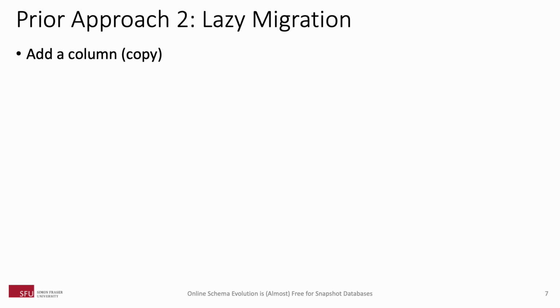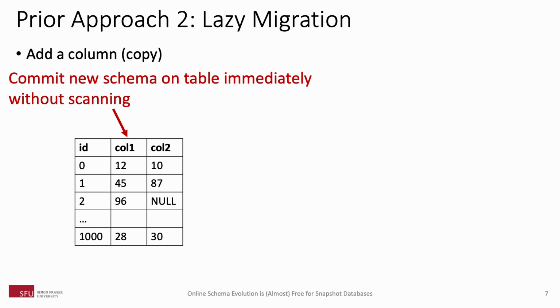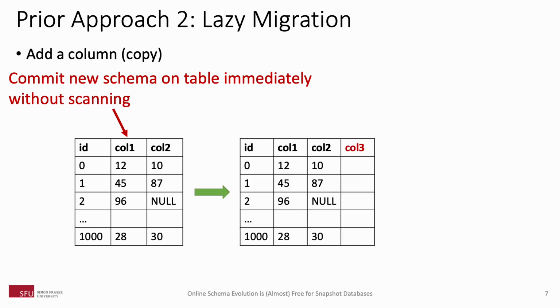The second prior approach is the lazy migration. Let's use the same example here. The lazy migration will commit the new schema on the table immediately without scanning. After that, the schema is new but the new columns have not been added. Then, a subsequent DML transaction accesses the second record and finds it has not been migrated yet.